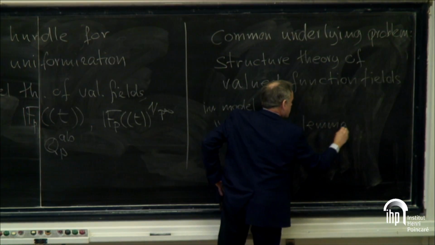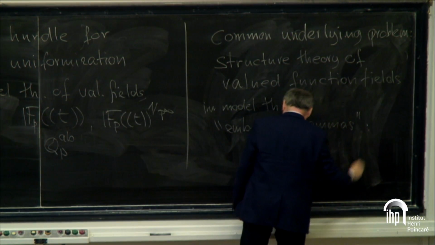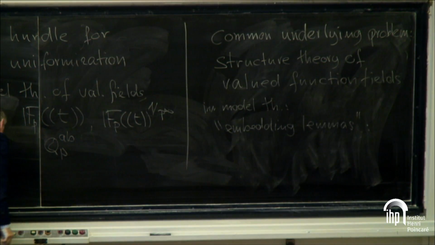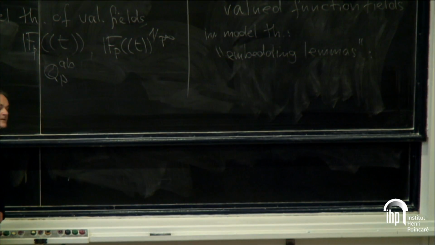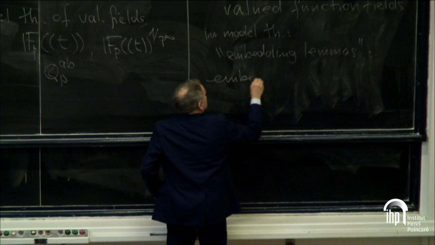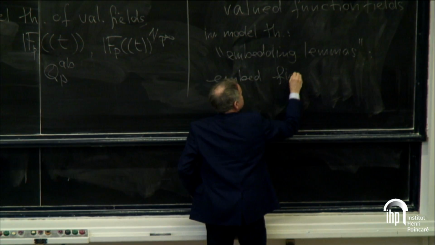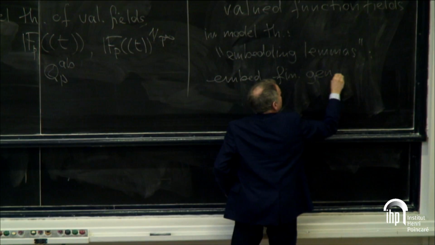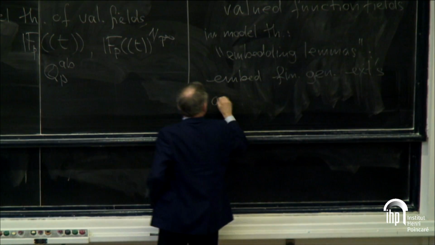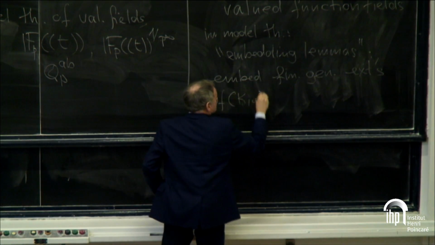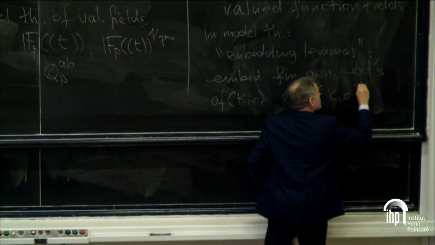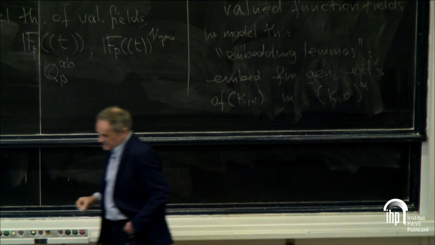So you try to embed finitely generated extensions of a valued field in some highly saturated elementary extension of that field.